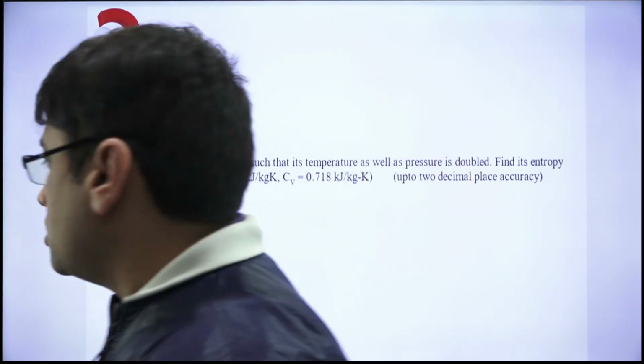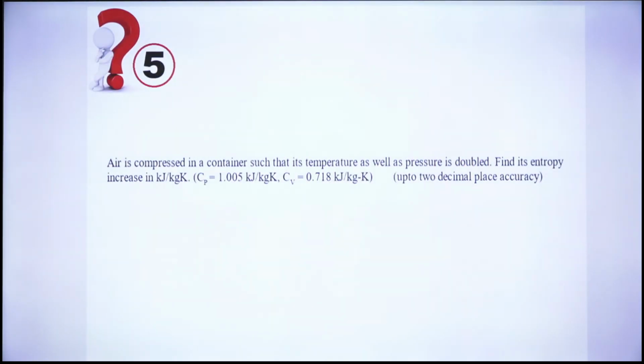Let's see this question. Air is compressed in a container such that its temperature as well as pressure is doubled. You have to tell what is the increase in entropy. Don't you know the formula of S2 minus S1?